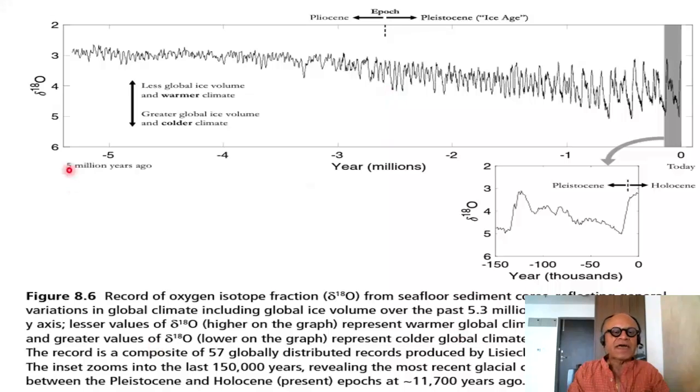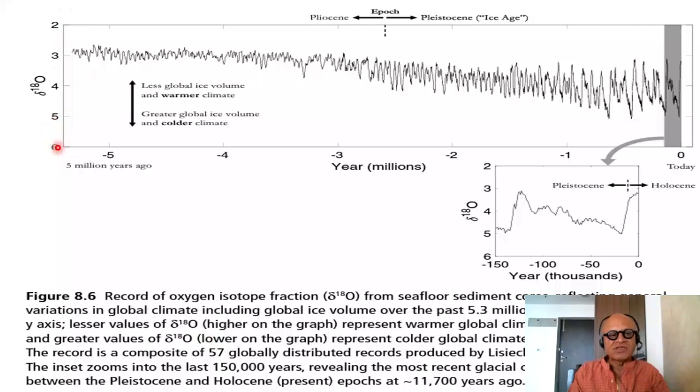Note the reversed y-axis. Typically in paleoclimate we go from the past time to the present time, which makes sense. It is still going forward in time, but you're starting way back when. So lesser values of delta O18 are higher on the graph, so the scale is reversed.